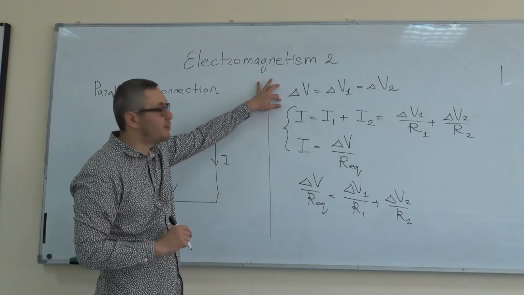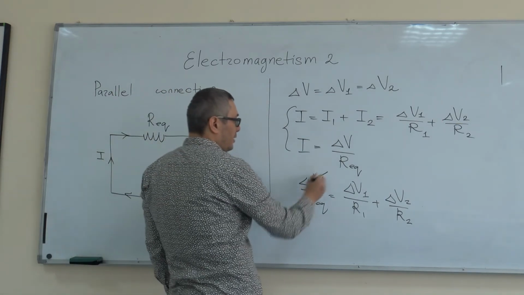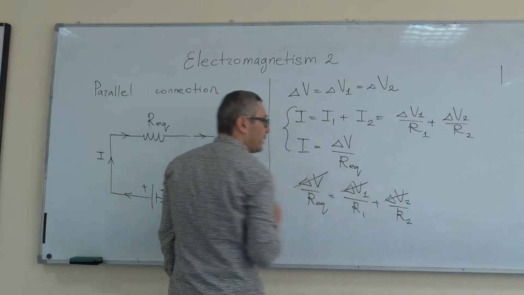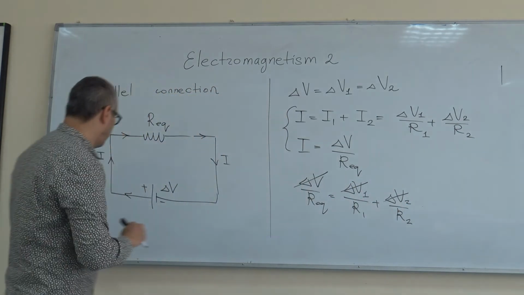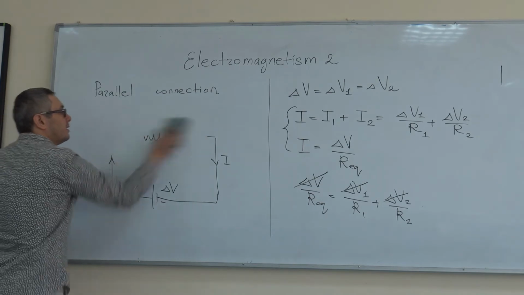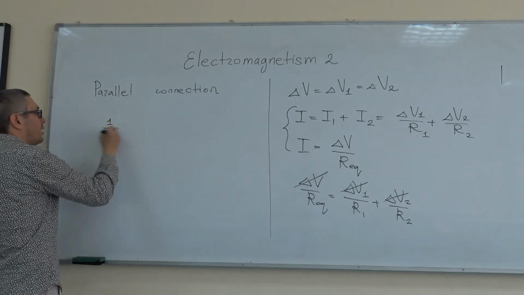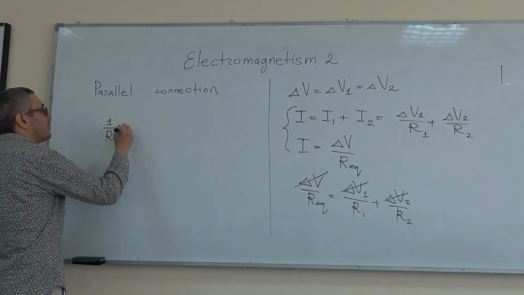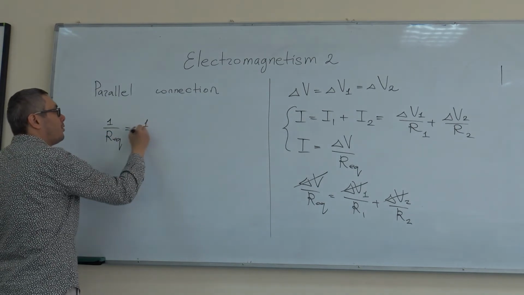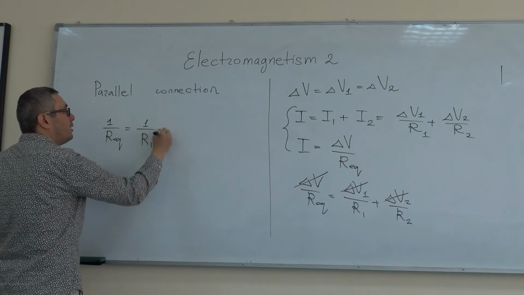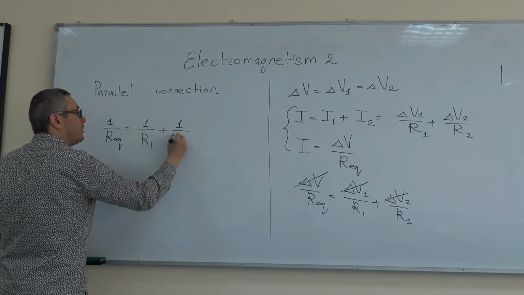They are the same. So we can cancel them out. So these delta V's cancel out. And what do we get as a final result? As a final result, we get that 1 over R equivalent is equal to 1 over R1 plus 1 over R2.